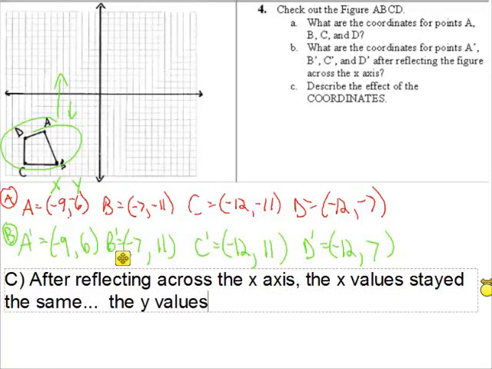The y values became opposite. There we go. That's a simple description of what happened to my x values and my y values after this reflection.